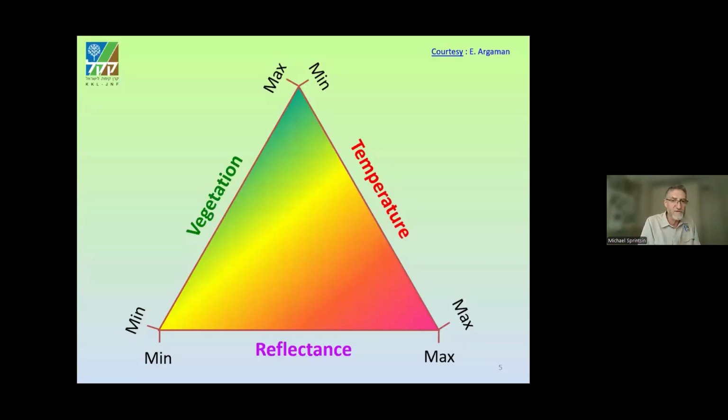I really like this slide because this is the way to show how remote sensing is implemented in environmental science or studies. You see this is a triangle with three edges: vegetation, temperature, and reflectance. It is always within this space. When we have more vegetation, or more biomass actually, the temperature will be lower. I don't know if you see my pointer here on this apex, and the other way around.